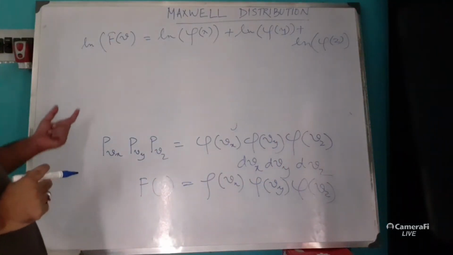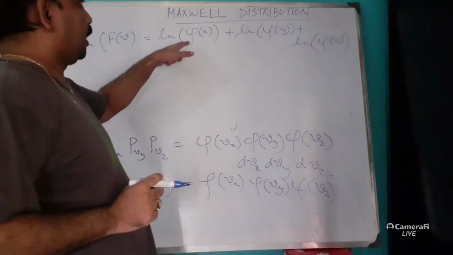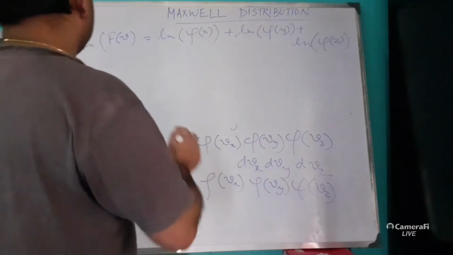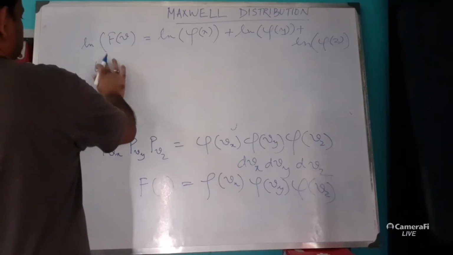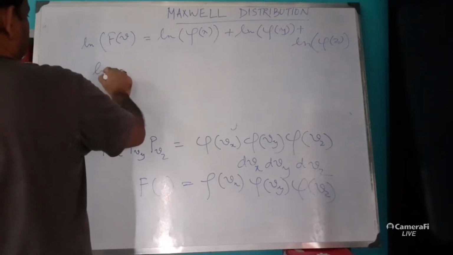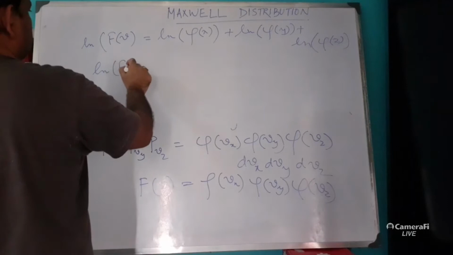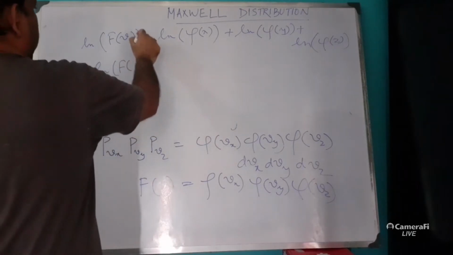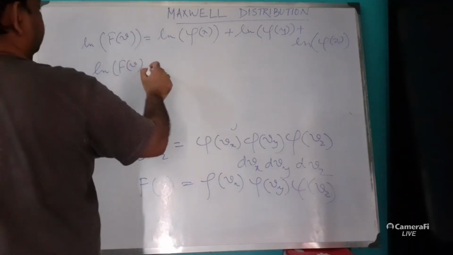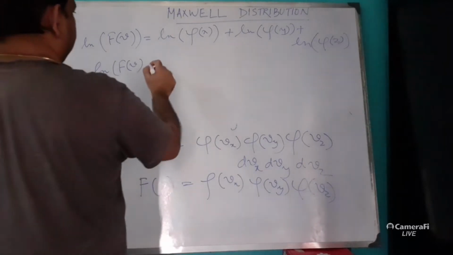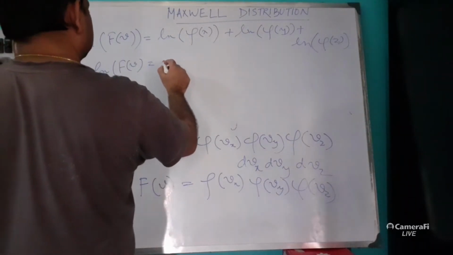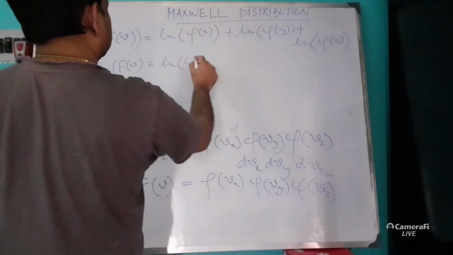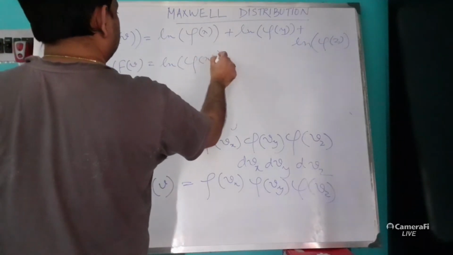Now since each of these are independent of one another, we can assume that ln f(v) equals ln phi(vx) plus ln phi(vy) plus ln phi(vz).